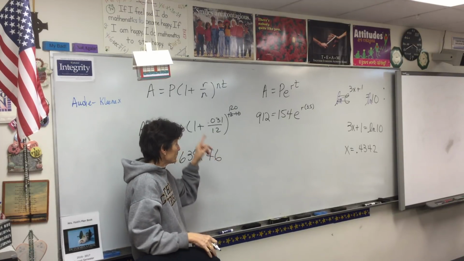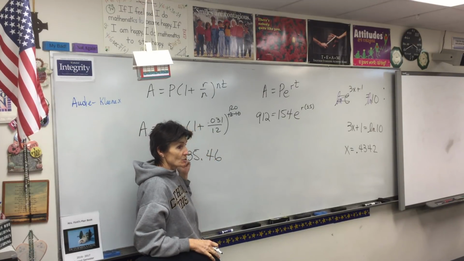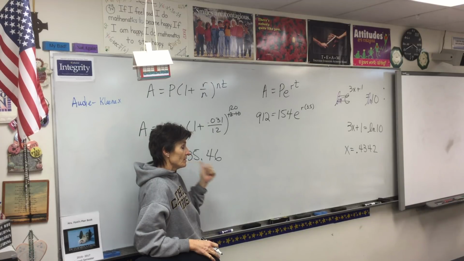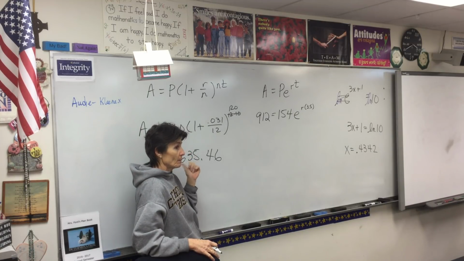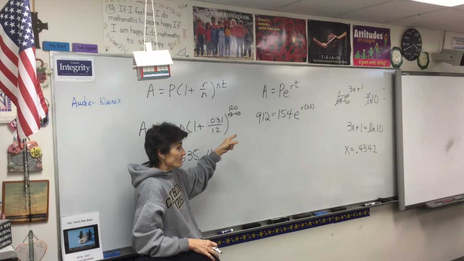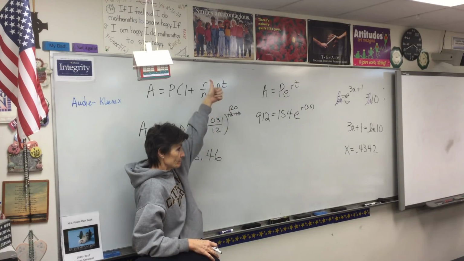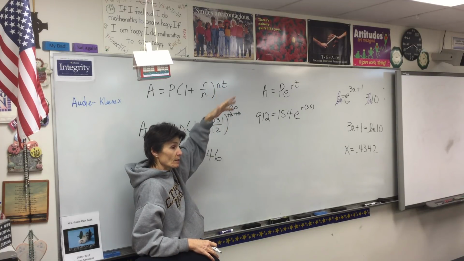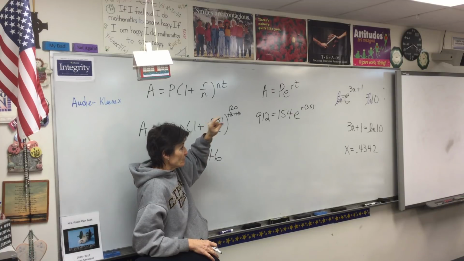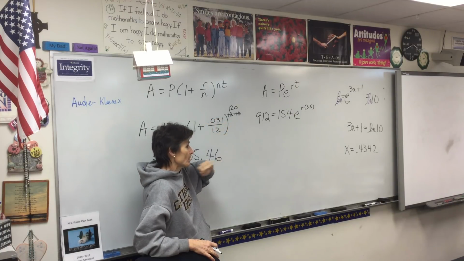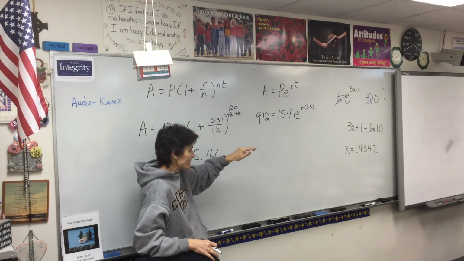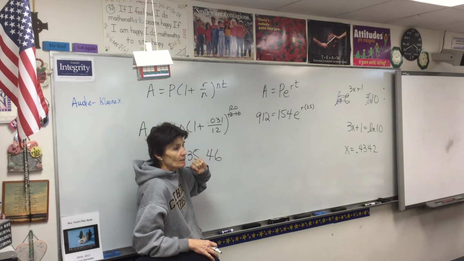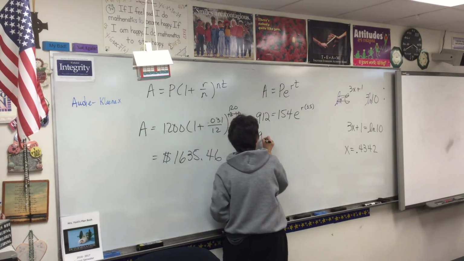Now this one is not as easy as this one. This one was just a type-in problem. Where's the variable in this guy? Exponent. I know I'm going to need logarithms. But if you do logarithms right now, you're going to miss the problem because what has to happen first? We've got to divide by 154.